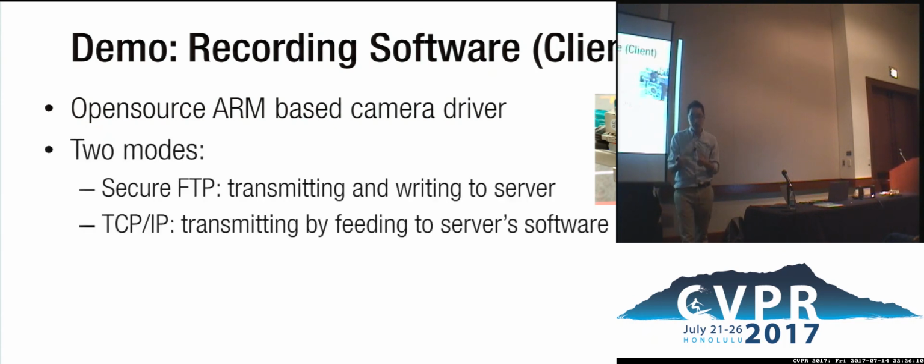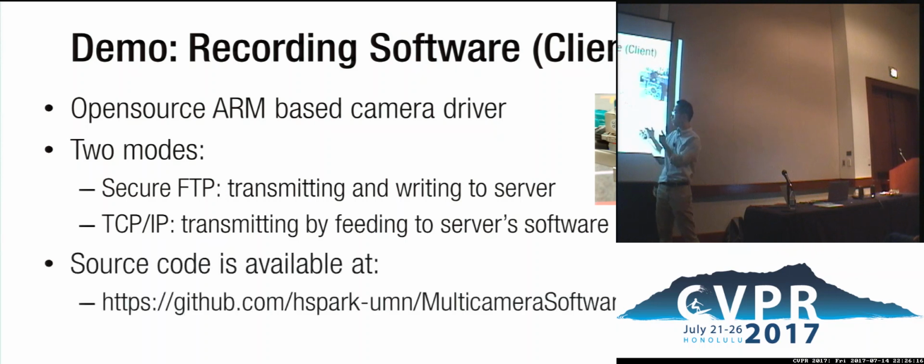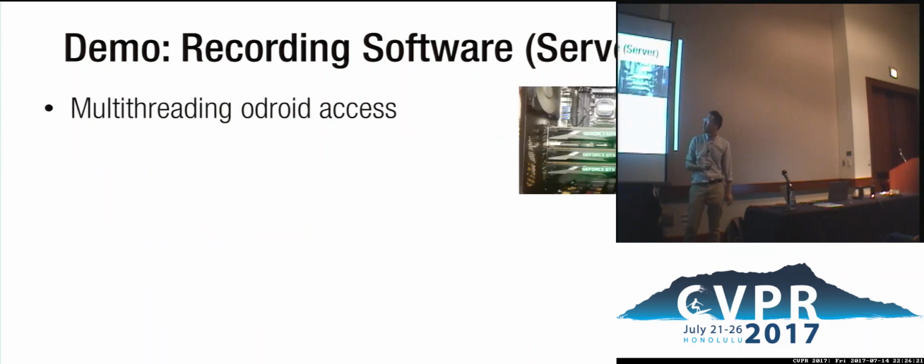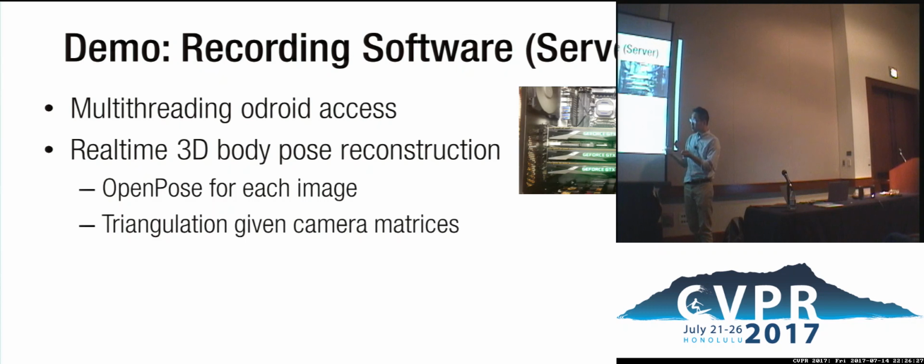And then we have 2 implementations that transfer the data to the server using FTP and TCP/IP. And all the code is available on this GitHub as well. And on the server side, we have multi-threaded Odroid access. Using the GPUs, we run OpenPose for each image and run the triangulation to get the 3D point of each joint.